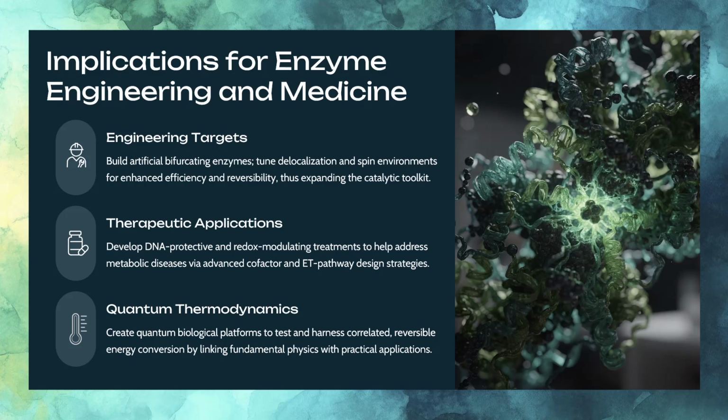We could begin to approach this by having an advanced picture of the cofactors and the ET pathways, electron transport pathways in these systems, and with that understanding, develop advanced design strategies, if I've made that clear.